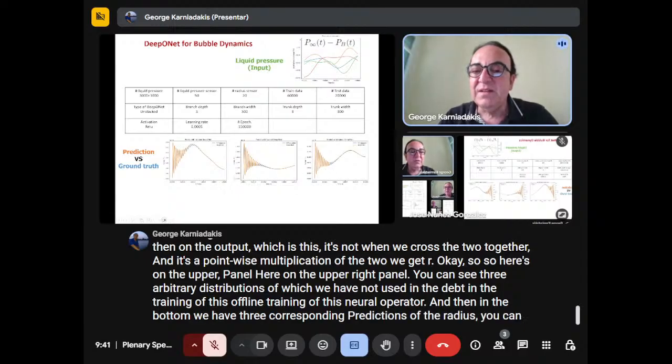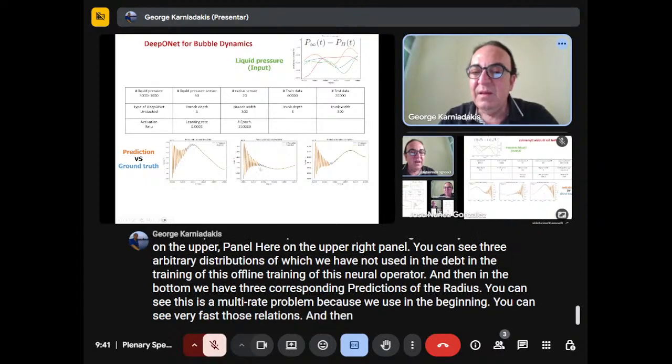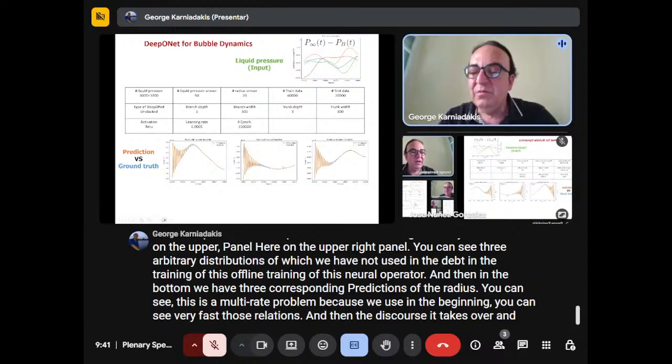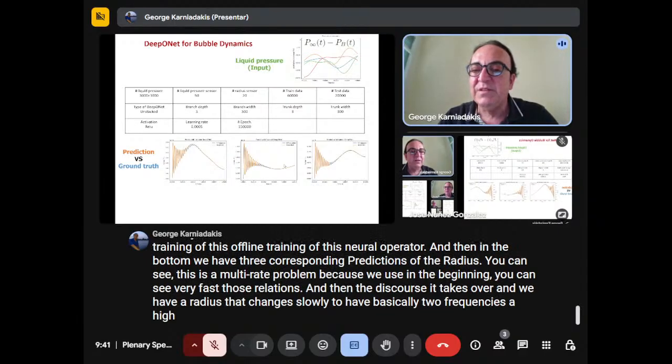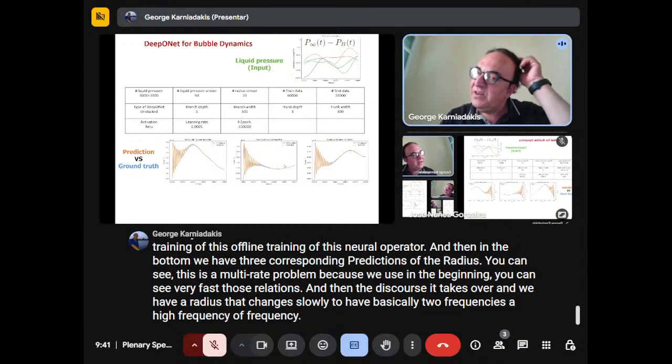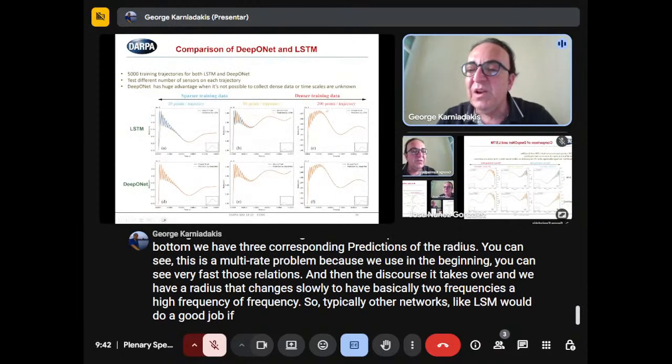predictions of the radius. You can see this is a multi-rate problem because in the beginning you can see very fast oscillations, and then the viscosity takes over, and we have a radius that changes slowly. So you have basically two frequencies, a high frequency and a low frequency. Typically, other networks like LSTM, which is a very classical method of forecasting time series, will do a good job if you use lots of points, 200 points per trajectory.